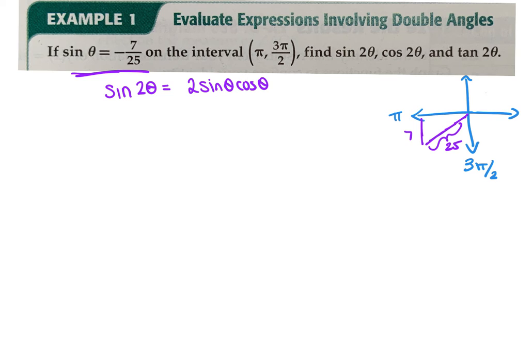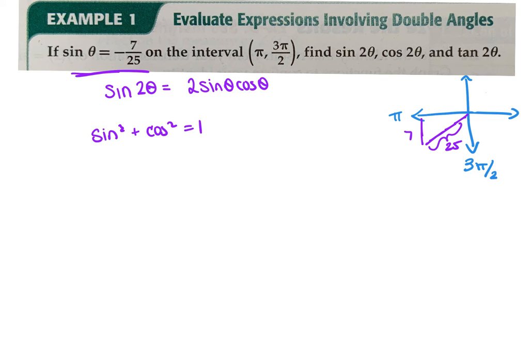Everybody remember that? Either way, you're going to end up using the Pythagorean theorem, whether it's through the identity, sine squared plus cosine squared equals 1, or a squared plus b squared equals c squared. You end up with the same thing.